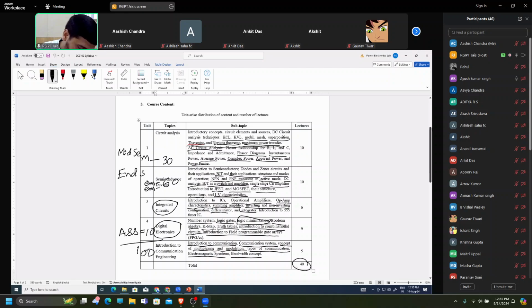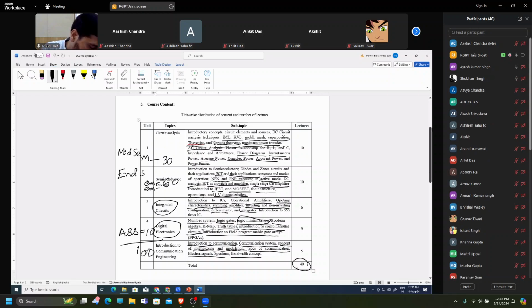Rohan Kuntal. Present, sir. Rutik Sai. Present, sir. Saket Suman. Present, sir. Samyak Kashyap. Present, sir. Sangram Chakravarti. Present, sir.